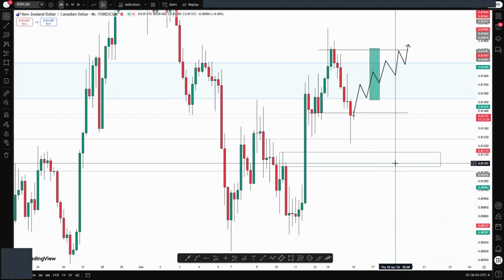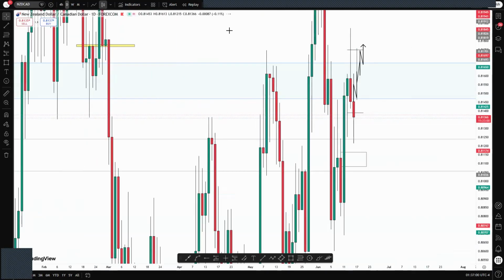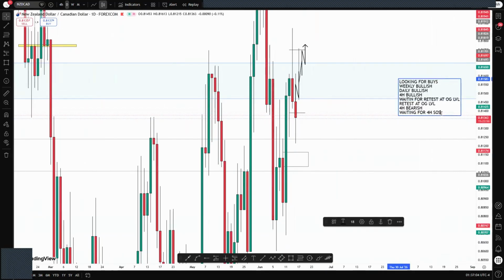Let's see what we wrote on the daily time frame. Pin bar close or bearish.